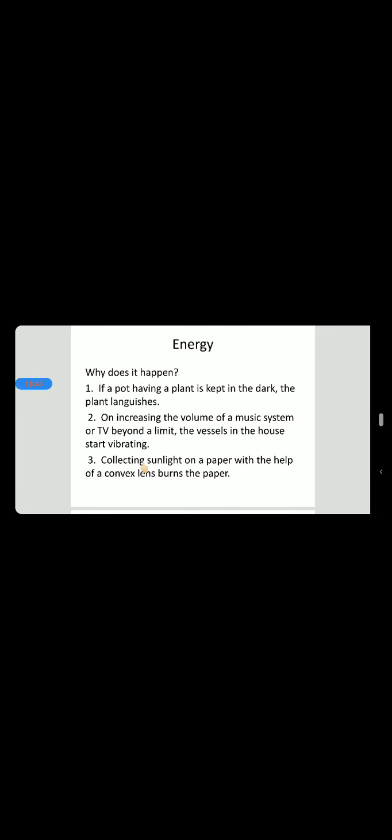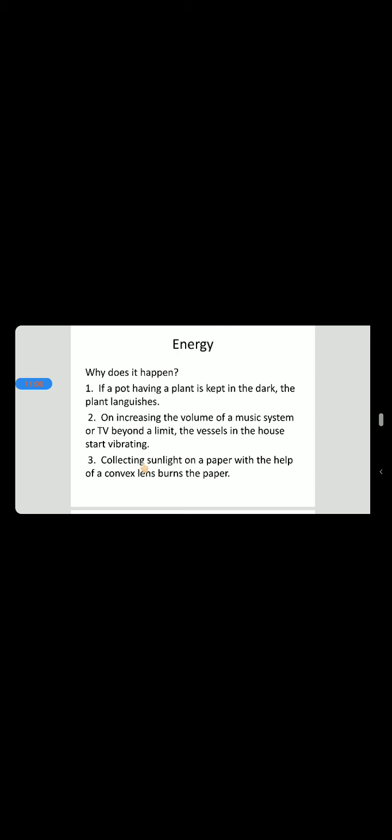Next topic we have is energy. Before we start the energy topic, we have a few questions for it. Here are the few questions asked and we will answer them, or rather in which manner energy is in our surroundings, that we will see by looking at these examples.